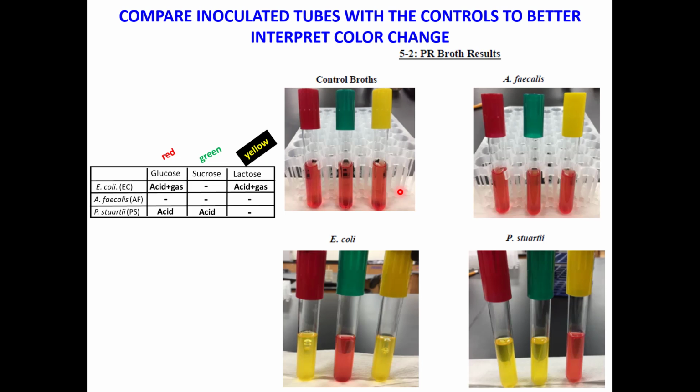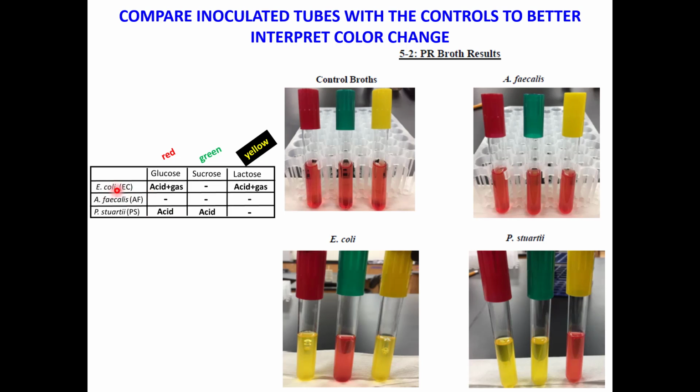Okay, so now if we look at E. coli down here, let's just look at one sugar at a time. If you look at glucose, you can tell easily that E. coli ferments glucose because now the medium is yellow, and there is also gas formation in there. You can see the bubbles trapped inside the tube.